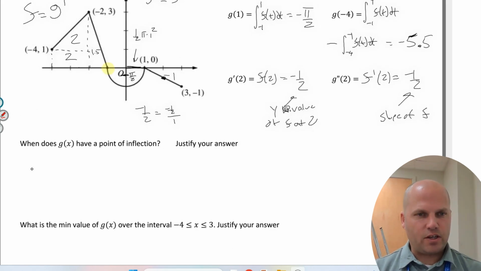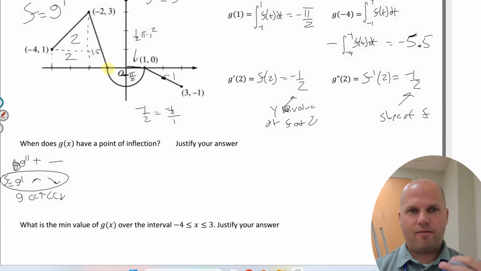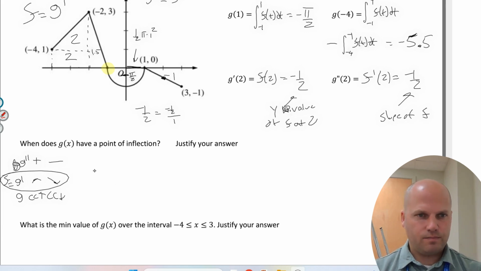When does g have a point of inflection? Okay, g will change concavity when g prime changes direction, when g double prime changes sign. I have f is g prime. I'm looking for when f, which equals g prime, changes direction. So it's going to be x equals -2, x equals 0, and x equals 1.